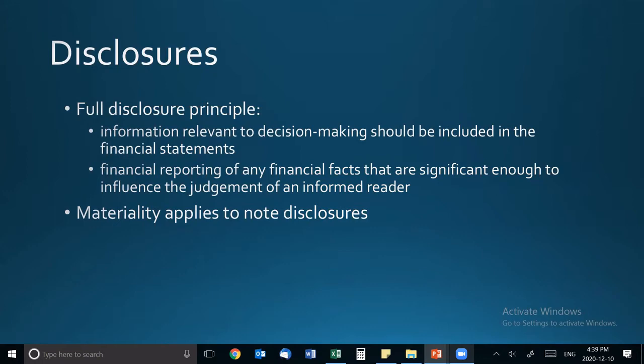Any facts that are significant enough to influence the judgment or the decision of the users should be included in a disclosure. Also, materiality applies to note disclosures. So if something is immaterial, it does not have to be included in the notes. Only material things that would influence the decision or judgment of a user should be included as a disclosure.